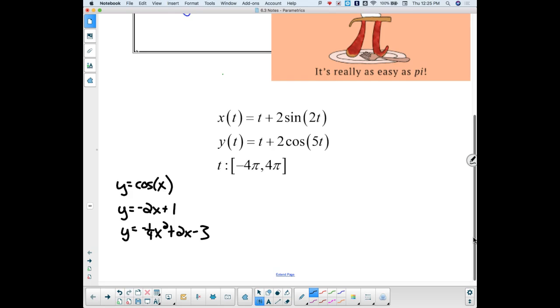Anything else? There's a restriction of points. Okay, so we limit where the function goes. Instead of taking a whole graph, we're just going to take a sliver of it now.